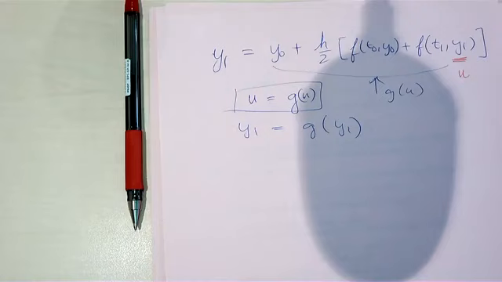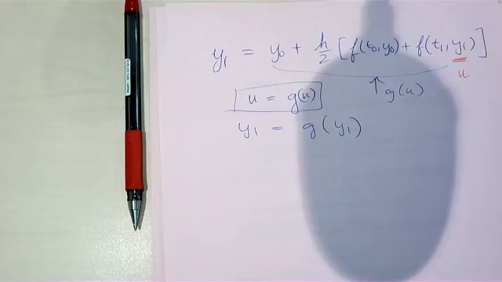So y1 is defined to be g of u0, and u0 is the one given by the explicit Euler method.